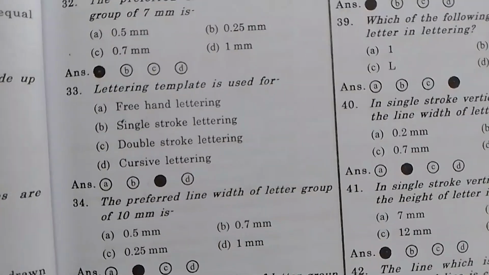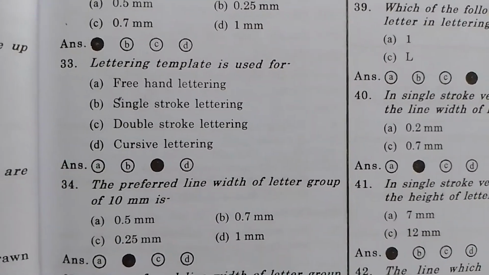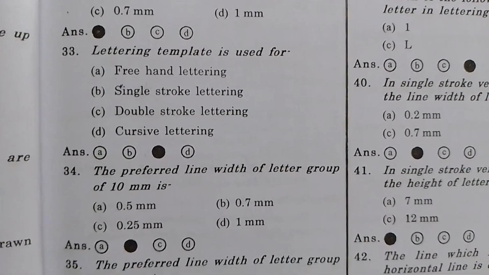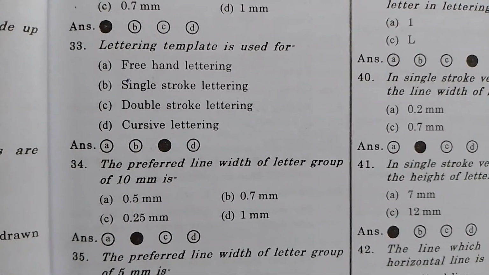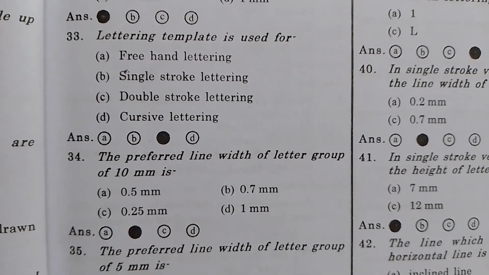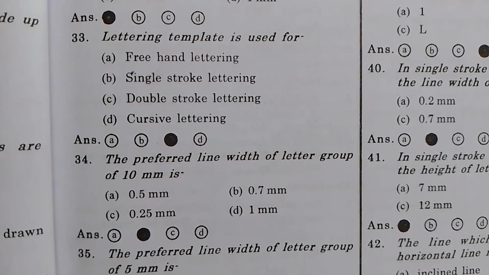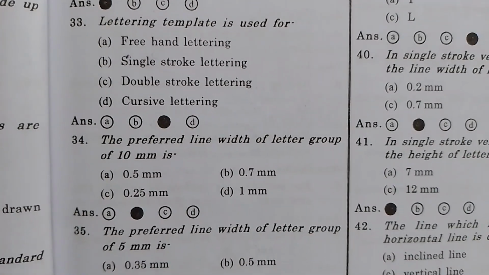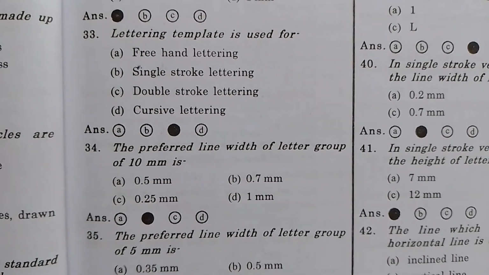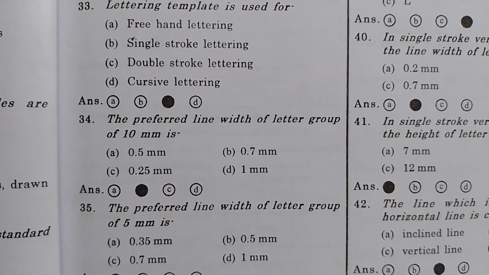Now the question number 33. Lettering template is used for: option A, freehand lettering, single stroke lettering, double stroke lettering, cursive lettering. So letter templates are used for double stroke letter writing. Question number 34.